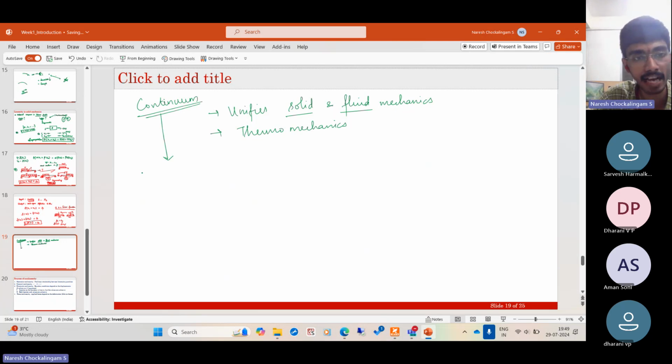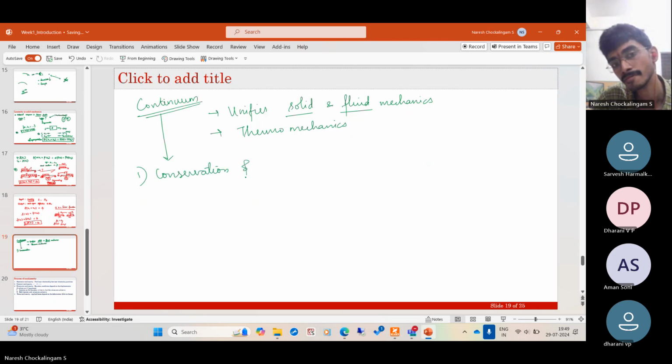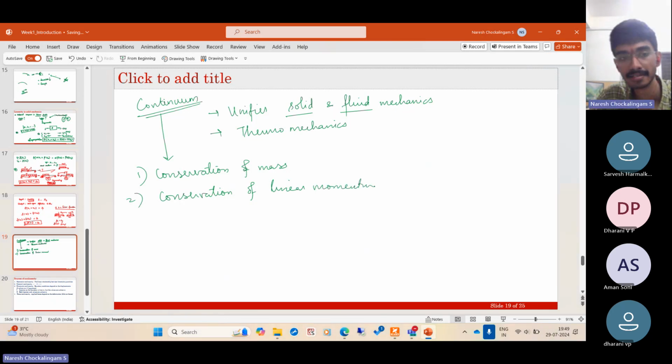No matter what, there are only 5 fundamental principles. One, conservation of mass. Conservation of linear momentum, then conservation of angular momentum. So these are all coming from physics, right?